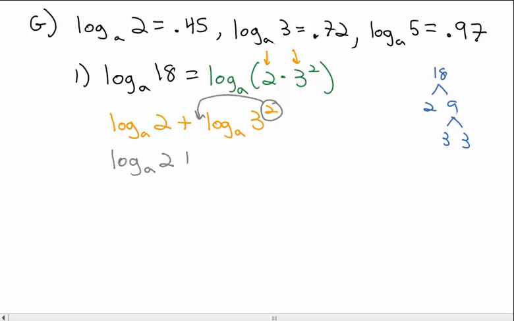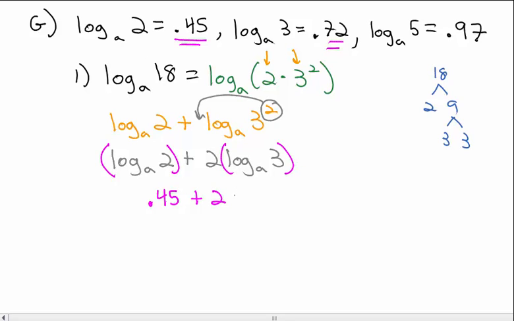So we have log base a of 2 plus 2 log base a of 3. And now we're able to calculate what this equals. Because we know the log of 2 is 0.45, plus 2 times, we know the log of 3 is 0.72.